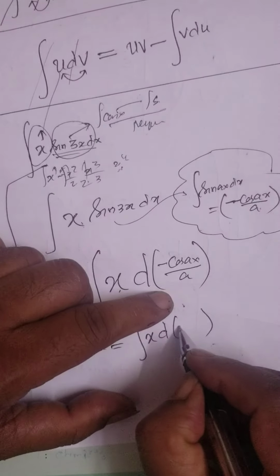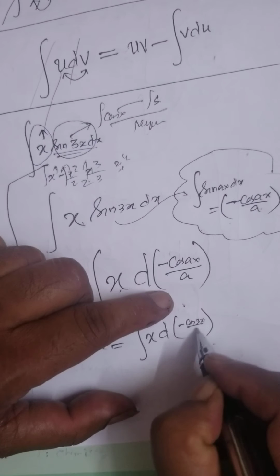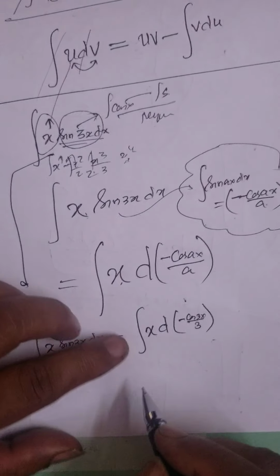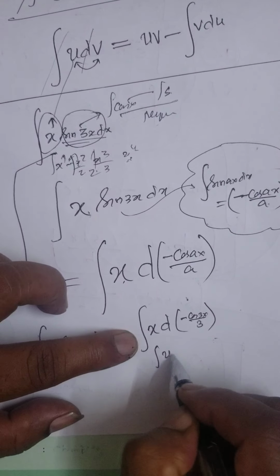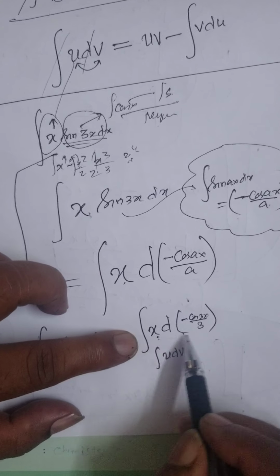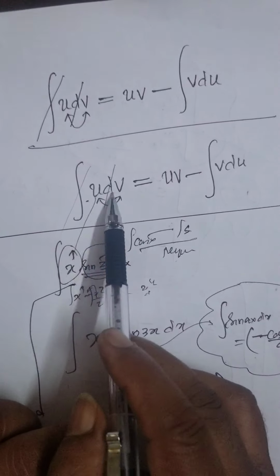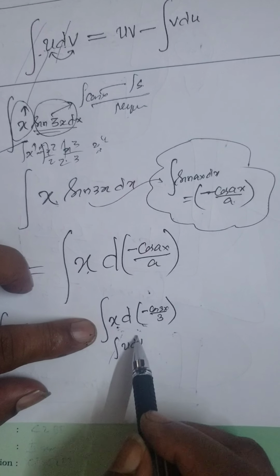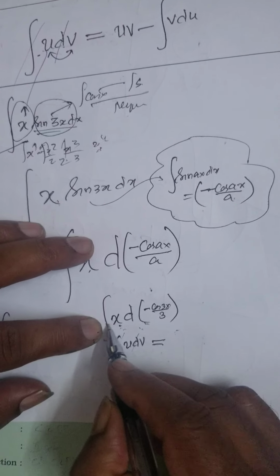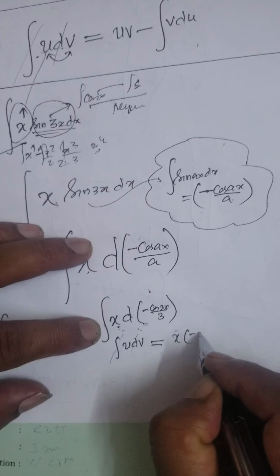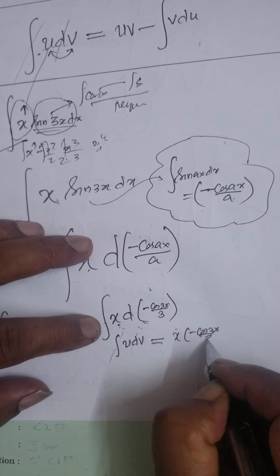Right? Minus cos 3x by 3. How does it look? It looks like u dv. When you have u dv, what you have to do? What is the method? Don't write these two. I am not writing this and this. That means I am writing x and minus cos 3x by 3.